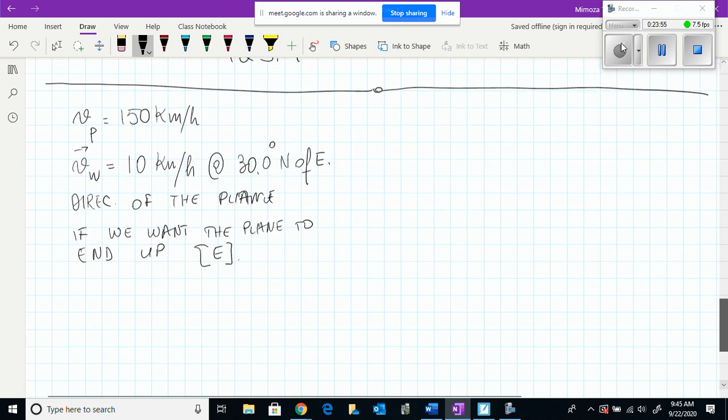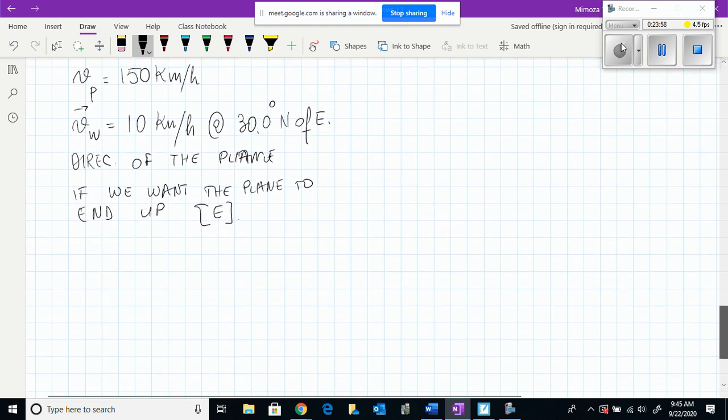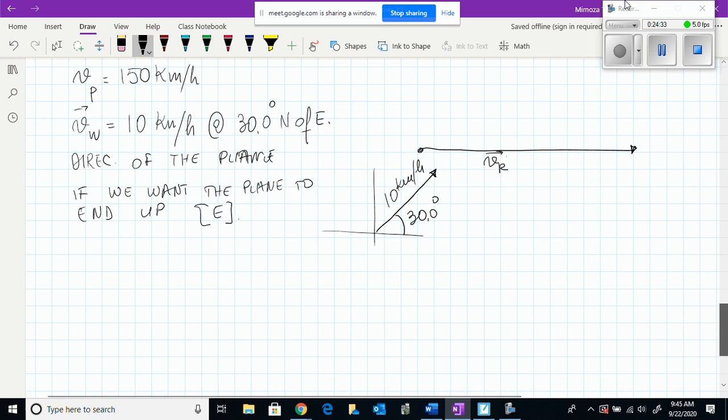Okay, so the vector situation diagram is something like this. This is the resultant vector. Why? Because we want the vector to end up east. And the wind is 10 kilometers per hour at 30 degrees north of east.